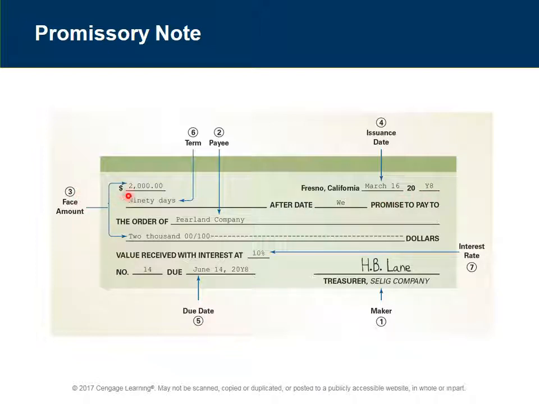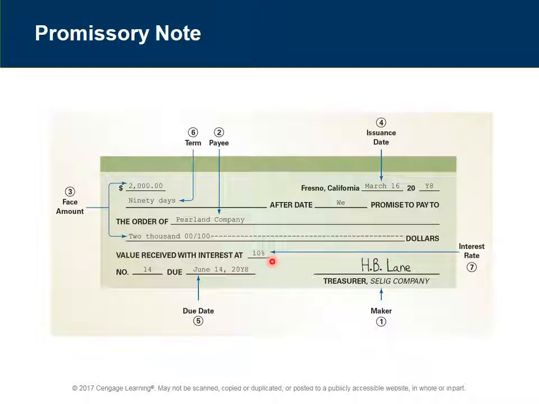So it's got to be paid to this order. And the third item that we've got on here is the dollar amount of $2,000. It's issued on March 16th. And we have a due date of June 14th. We need to find out how many days that is. It is 90 days. And we have an interest rate, which is extremely important.